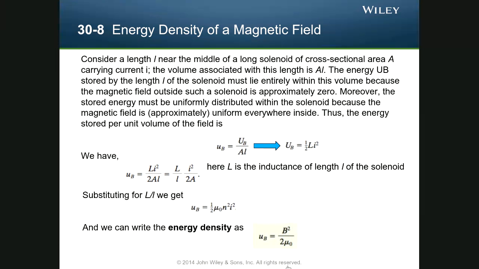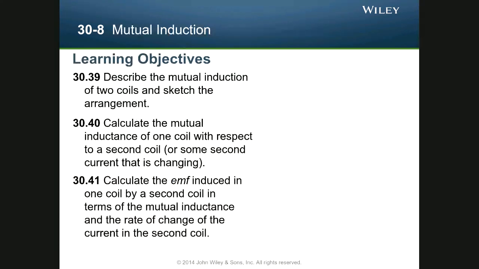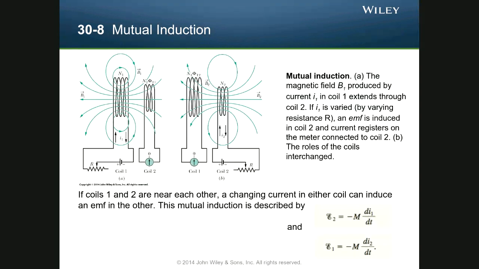The last thing we want to talk about is a bit of an advanced topic, mutual induction. We already saw a little bit of this with self-induction, but basically if you look at two systems and change which one has the R, you can see that they'll mutually induce.